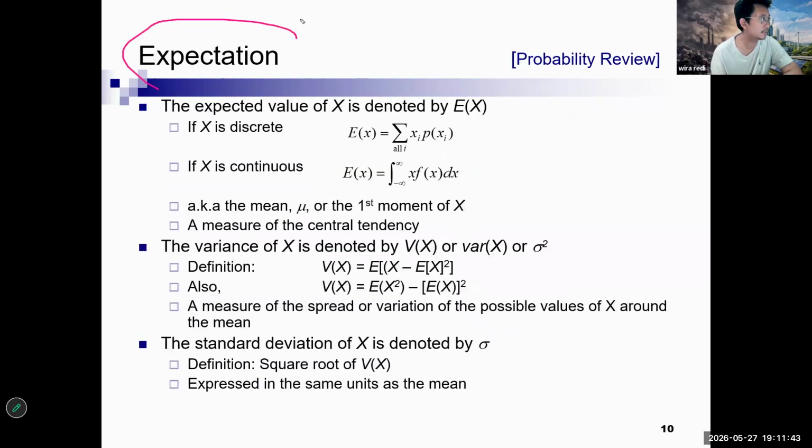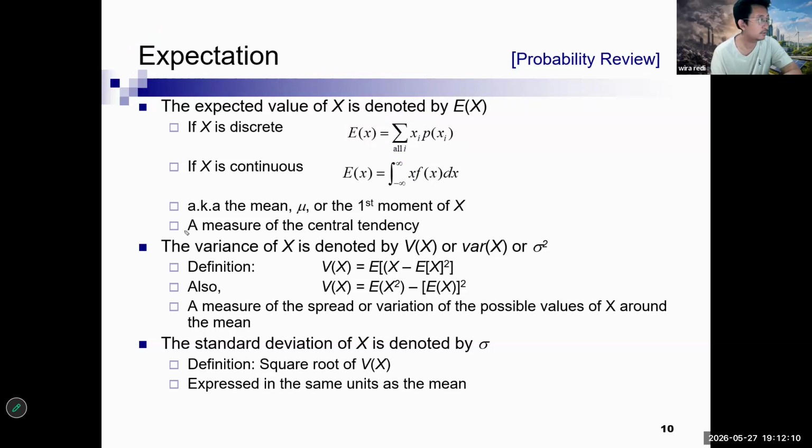We have also discussed the expected value. The expected value is the sum of the value of the appearance multiplied by the probability of it. Okay. And if it is continuous, it's the integral of the value multiplied by the probability density function.